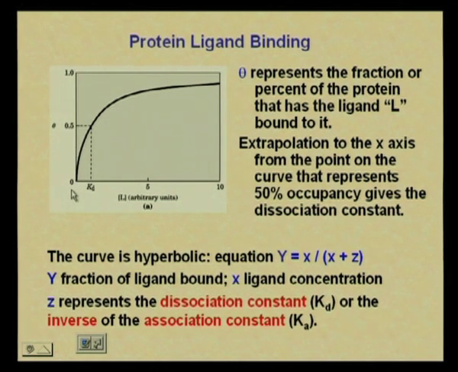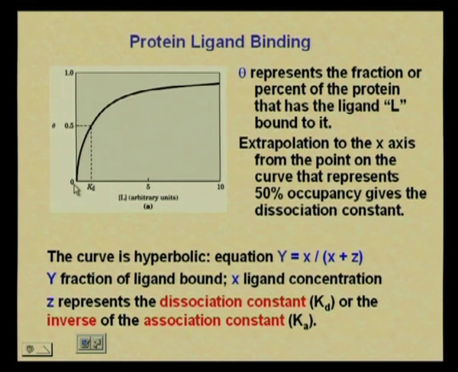Now, when we are looking at this hyperbolic curve, you recognize that when I have 50% saturation, as it is called, because if I have enough ligand concentration and all my protein sites are bound, I have a saturated situation, right.